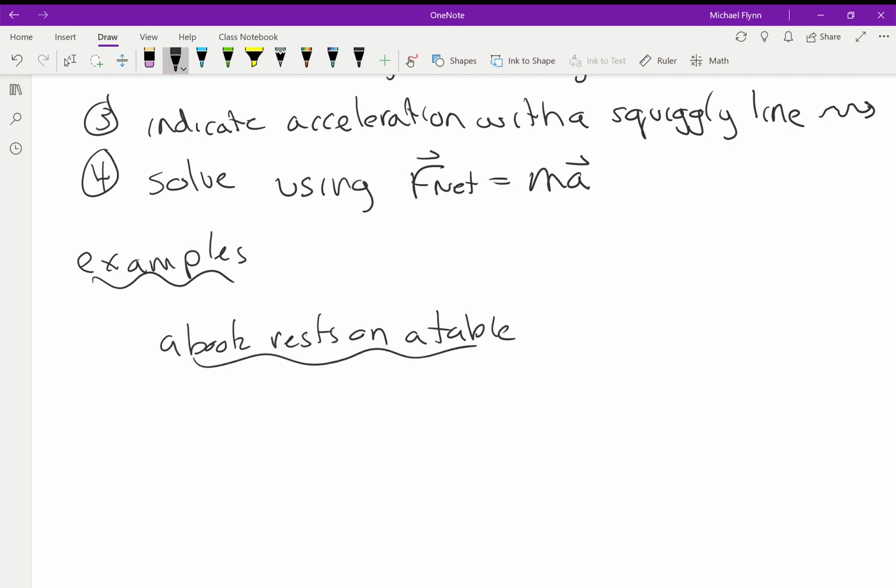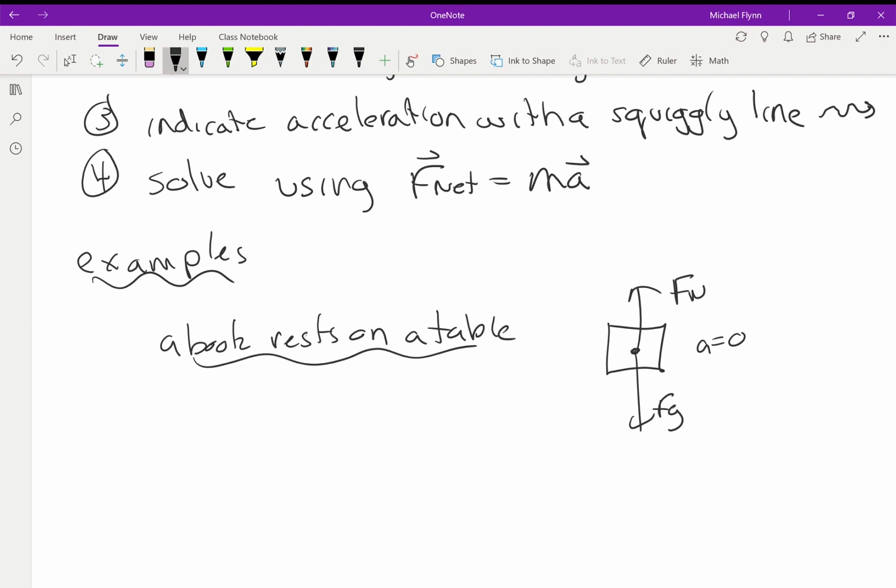What does a free body diagram look like? Well, first of all, it's not going anywhere, so it's not accelerating. Step one, draw a box. That's the book. Indicate the forces. There's gravity on the book, and because it's on the table, there's a normal force straight up like this, and I'm just going to put in the margin here that the acceleration is 0.